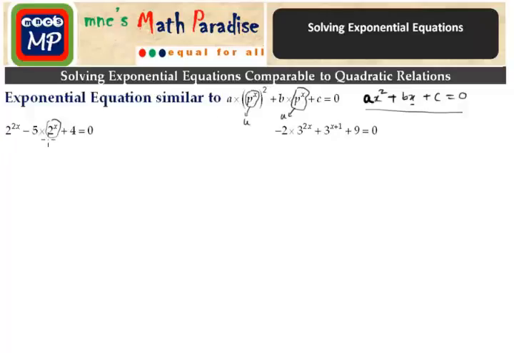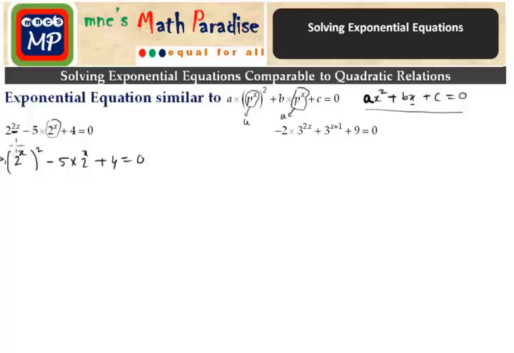So the basic exponential term is 2 to the power x, and we can write this as (2 to the power x) square, because with power on power, the two powers multiply, x and 2, and give the 2x power. So minus 5 times 2 to the power x plus 4 equals 0.